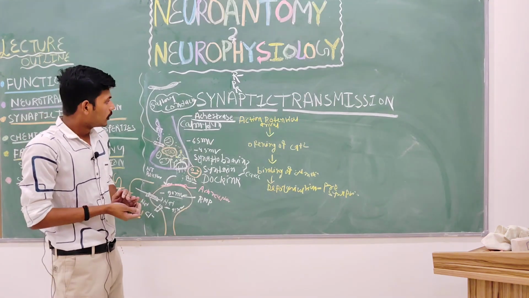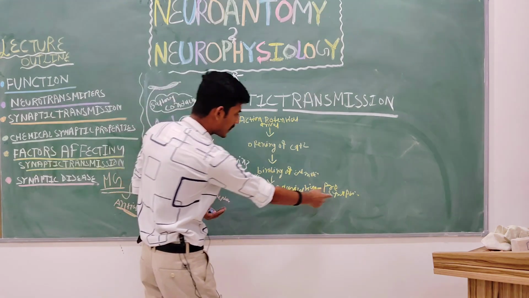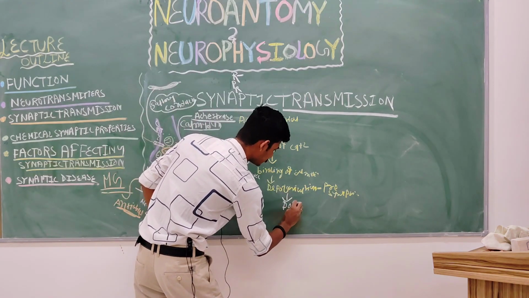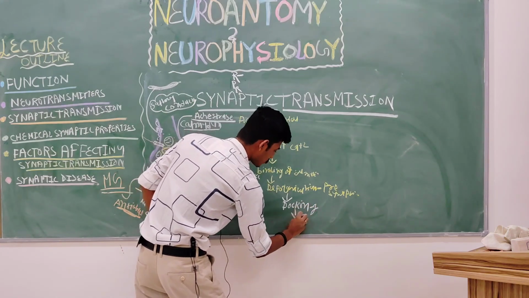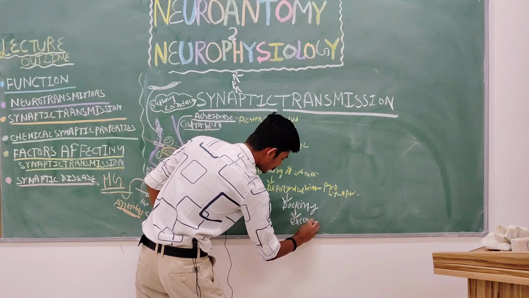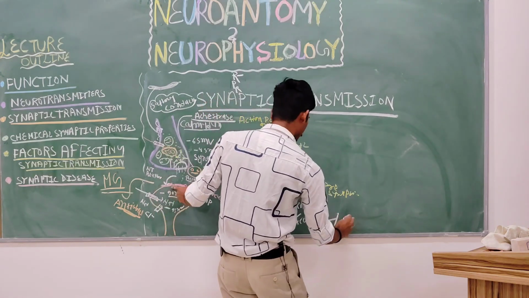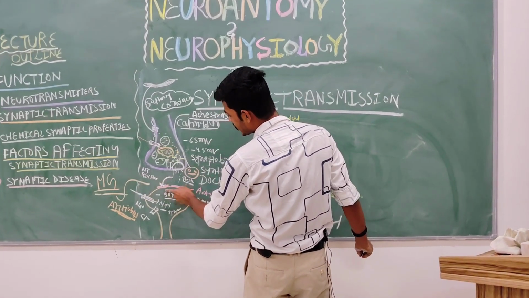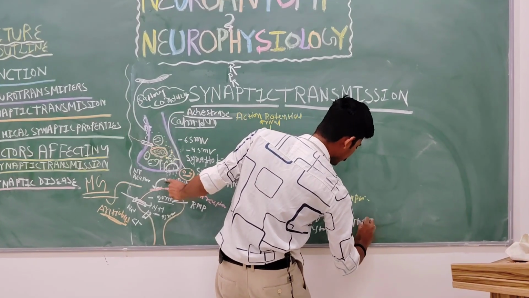Understood? So once again, what is happening? Write it down here. Depolarization of the presynaptic membrane. Then there will be docking. Then after the docking, there is exocytosis. No problem. Now this exocytosis leads to the formation of the receptor-neurotransmitter complex, in the normal, not disease, condition.